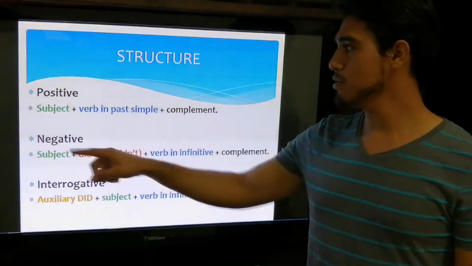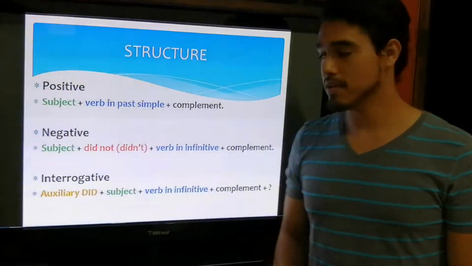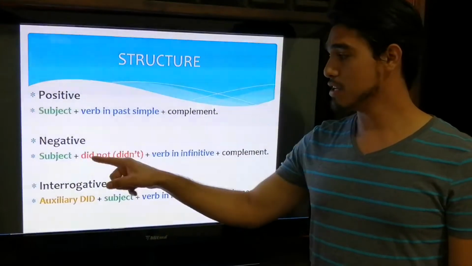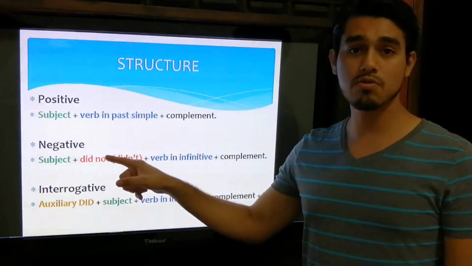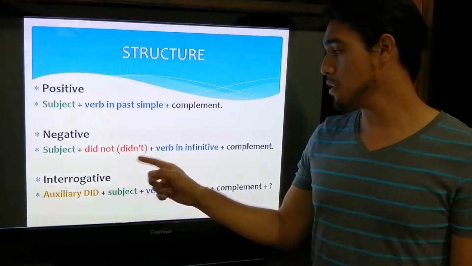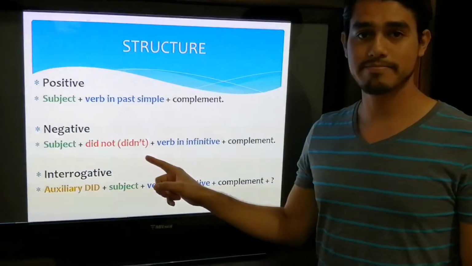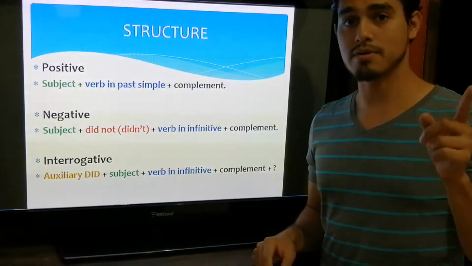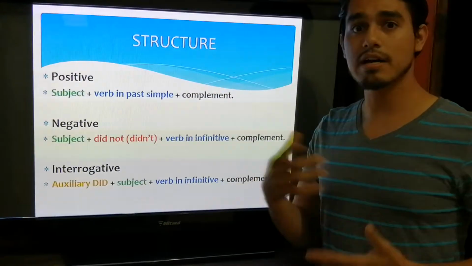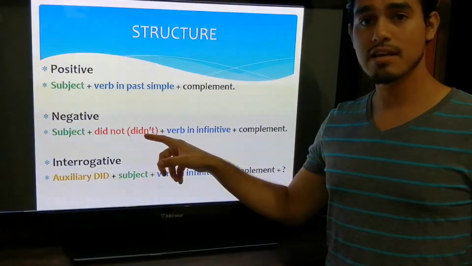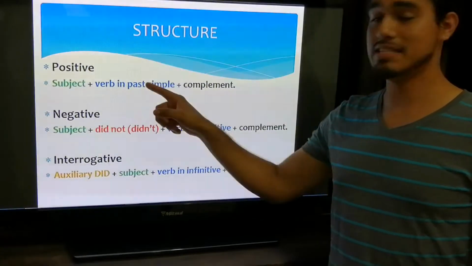Okay? So the structure in negative is this. You need your subject, you also need the auxiliary did, and then the word not. You can use it as did not, separated, or the contraction didn't. Okay? Then you need a verb in infinitive. This is pretty important, okay? Sometimes people make mistakes and use the auxiliary didn't and then also the verb in past simple.